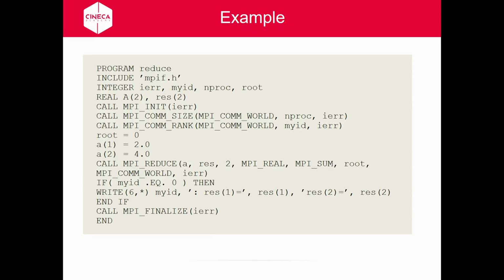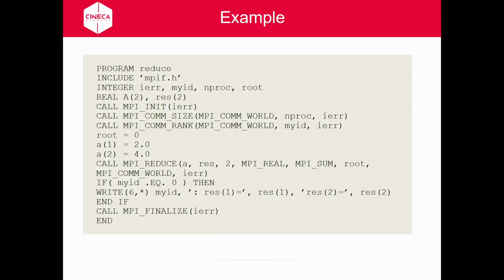Clearly, here we are using the reduce operation, but we can change this command with the equivalent all-to-all command simply by writing MPI underscore allreduce. Using allreduce, the reduction operation will be performed in the same way, but the result will be available in all cores included in the communicator you are using.